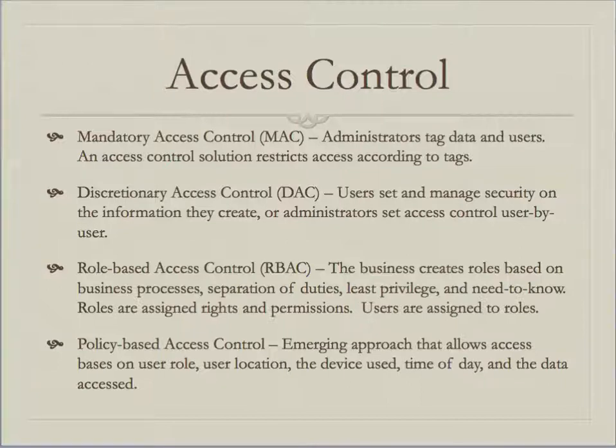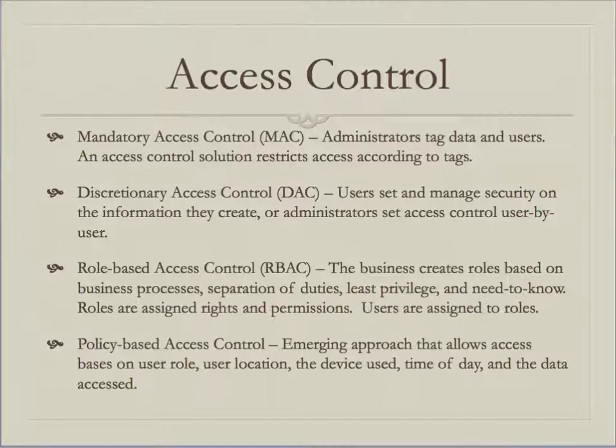Role-based access control is, in many cases, implemented via a special application that sits on top of something like Active Directory, and it uses business-defined roles to determine what a new employee should have access to.